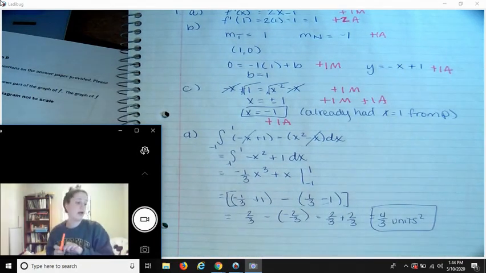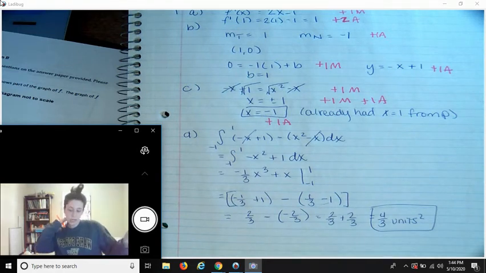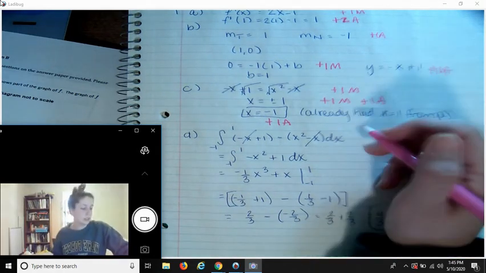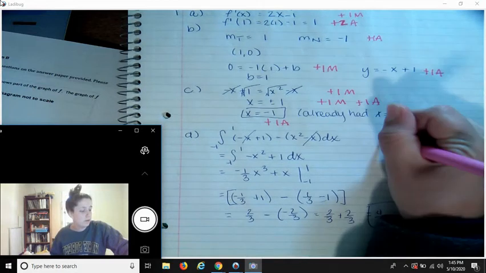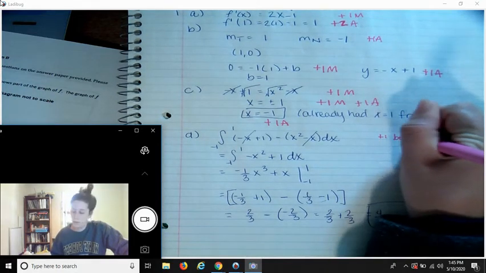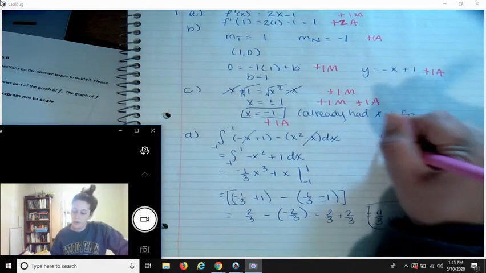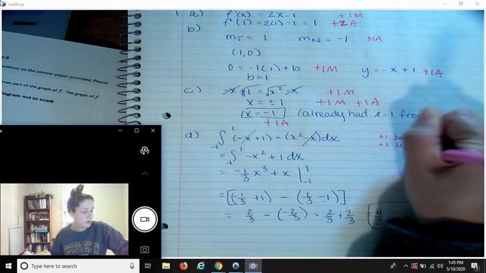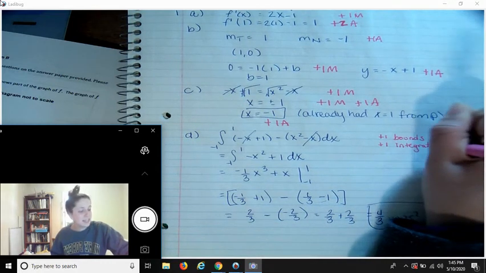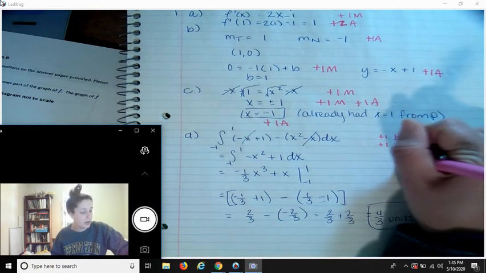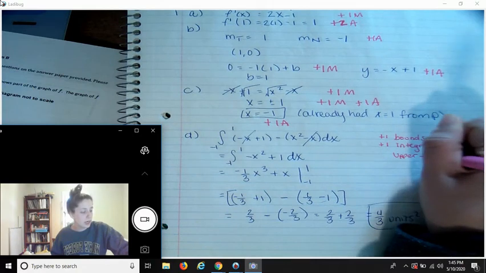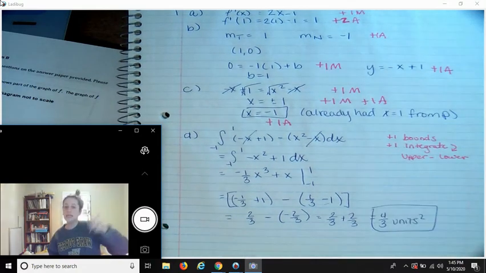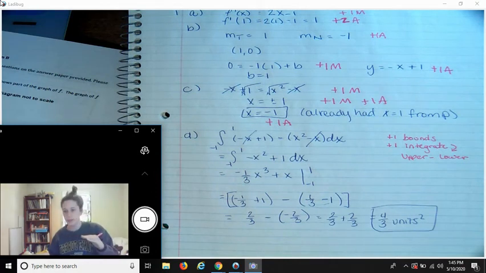So let's do the marks for part D. Part D was 6 marks. You get plus 1 for your bounds. Then you get plus 1 for integrating, specifically doing the upper minus lower format. If you integrated, but for some reason didn't do the upper function minus lower function, you don't get that point. Hopefully that makes sense.